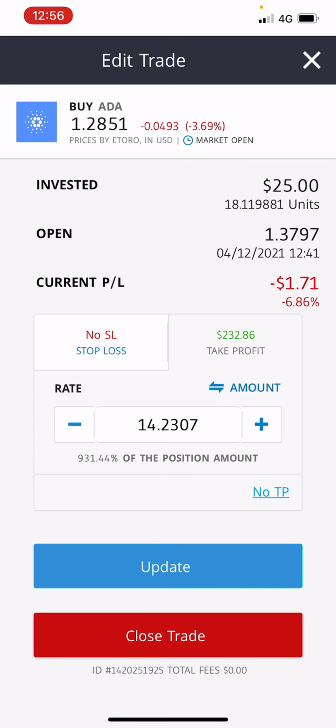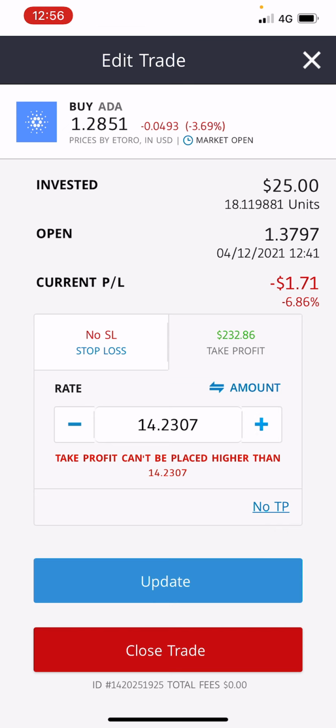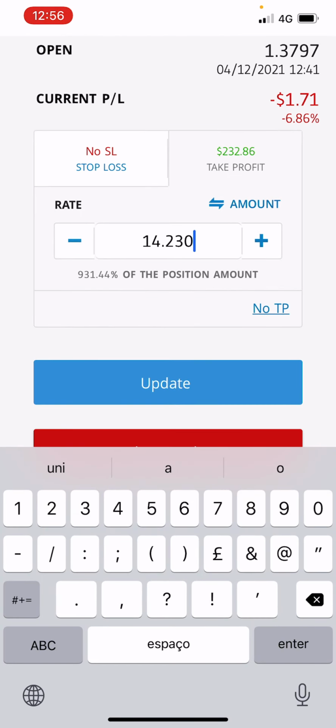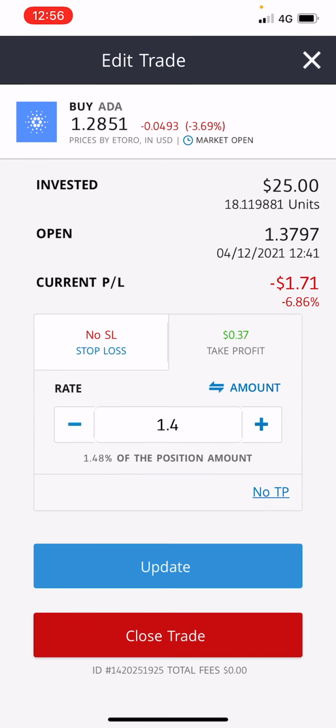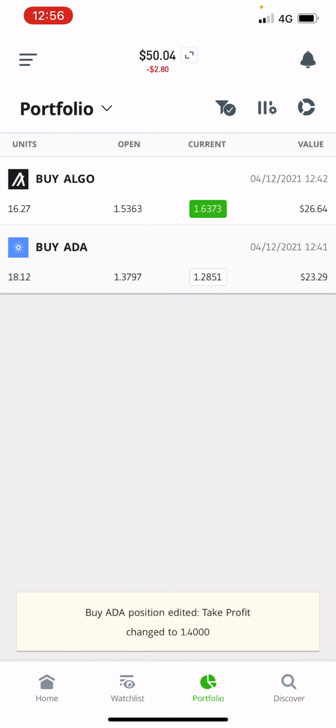So if I set TP and I put 1.4, enter. Only 37 cents profit, but since ADA has been doing so badly with this recent decline, I just want to get rid of it, because there are other coins which are trading way better. So I'll update it. Yeah, this is updated.